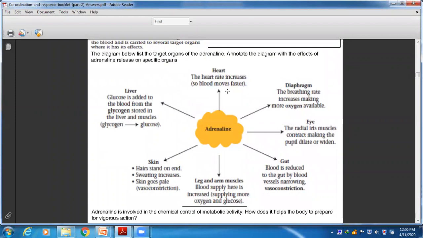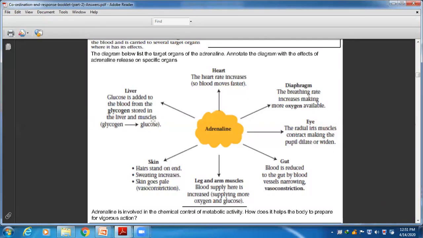The first one is the heart: the heart rate increases. Liver: glucose is added to the blood from the glycogen that is stored in the body. It means from here it is clear that adrenaline also stimulates glucagon production by the pancreas, which converts glycogen into glucose so that more glucose is available to your cells for energy.